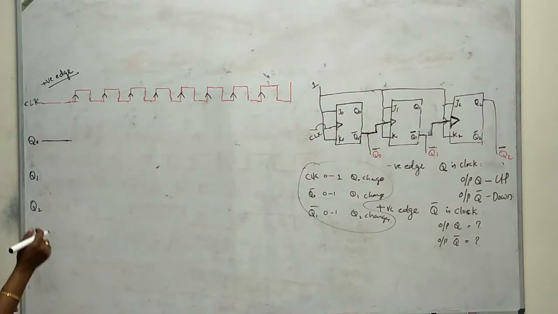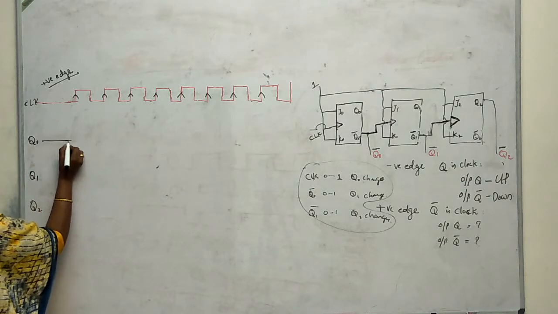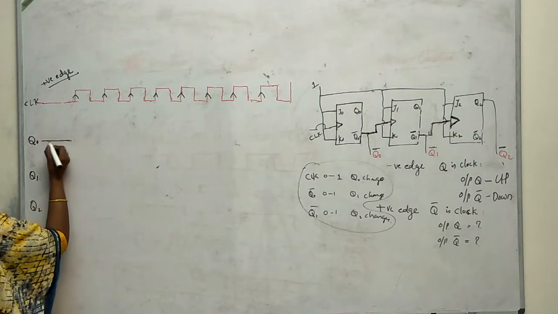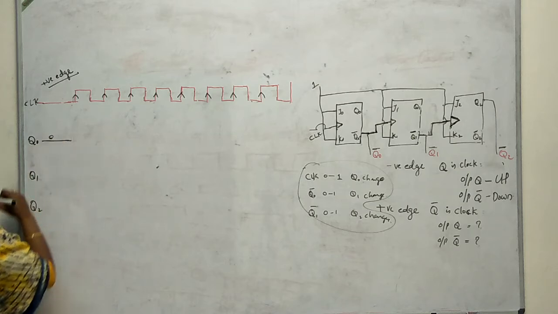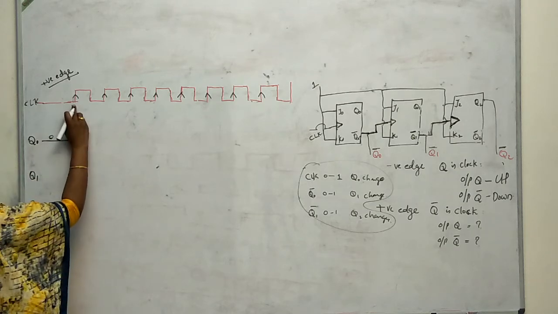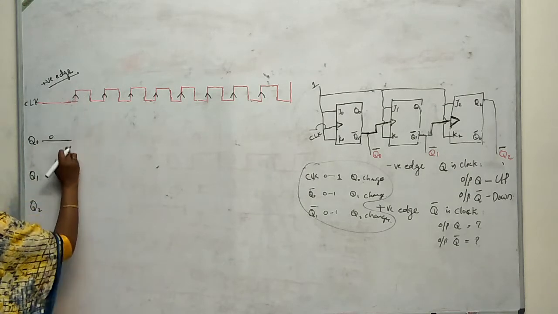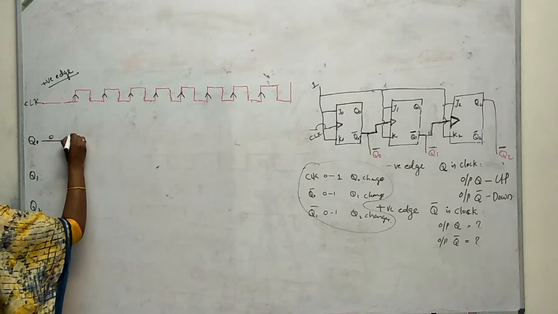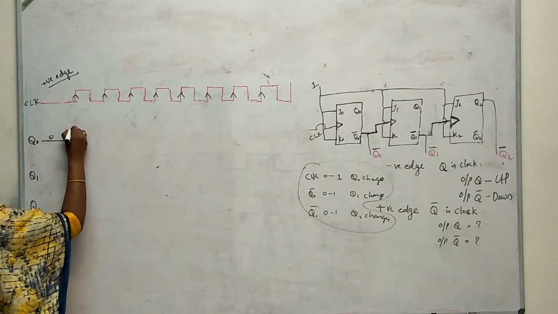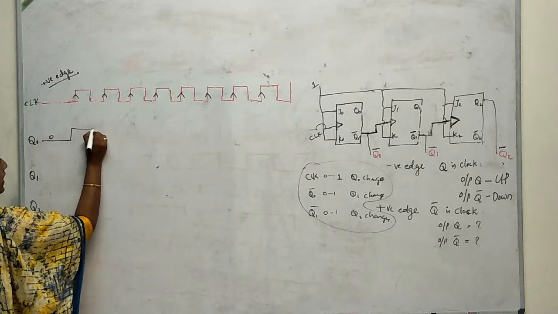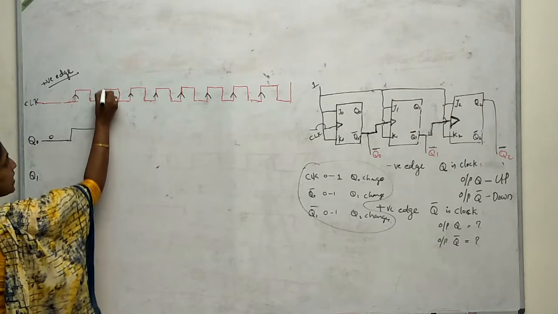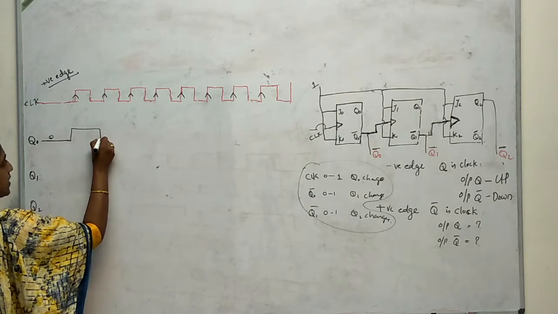See, I have started with 0. Whenever there is a 0 to 1 transition in the clock, Q0 will change. Then it will remain 1 until the next 0 to 1 transition in the clock appears.